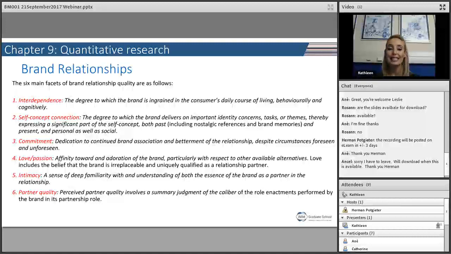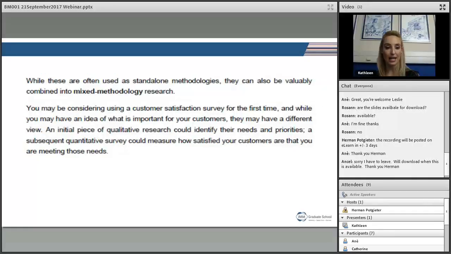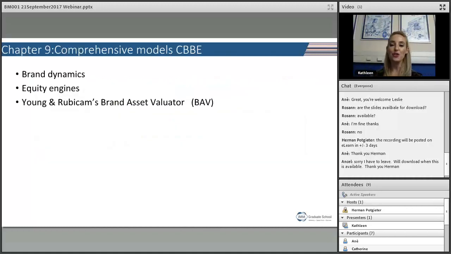We also look at intimacy with the brand, how deeply they feel the brand is part of their lives and how much understanding they have of the brand. And then we also have partner quality. Do they see themselves as being a partner with the brand and collaborating with the brand or not? And ultimately, if they do have that partner level relationship, then they will be sitting at the peak of our pyramid and they will have brand resonance.